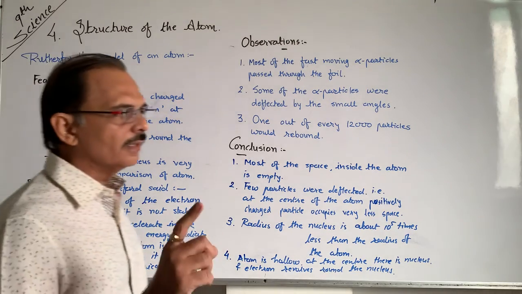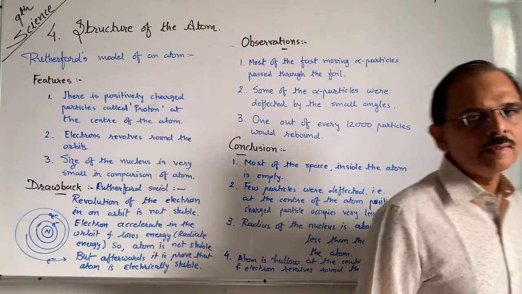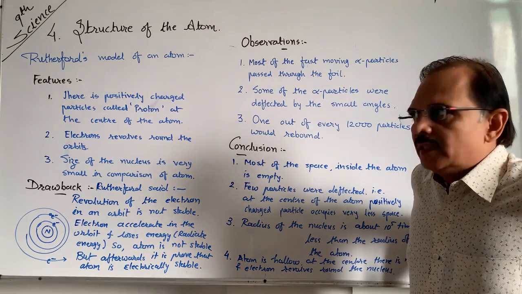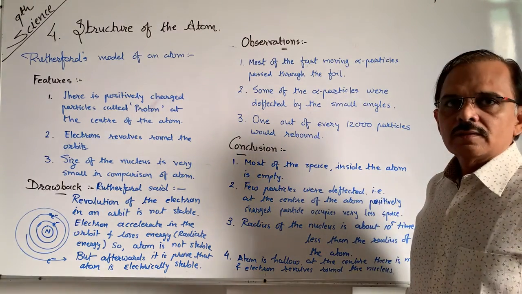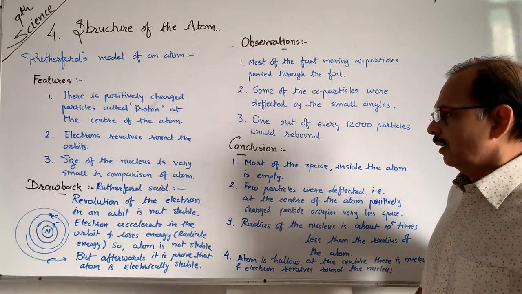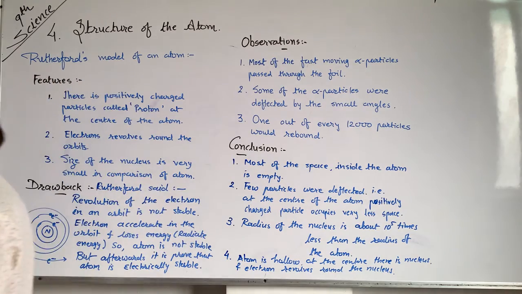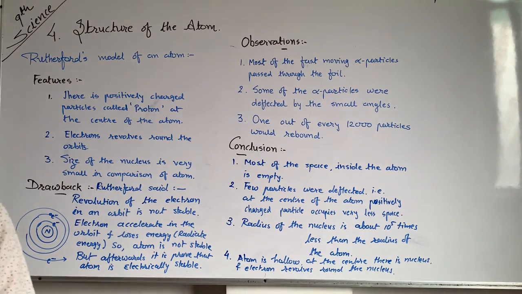Positively charged particles and negatively charged particles are equal in number. That's why we say the atom is electrically neutral and stable. So this is the wrong hypothesis of Rutherford, and we say it is the drawback of Rutherford.